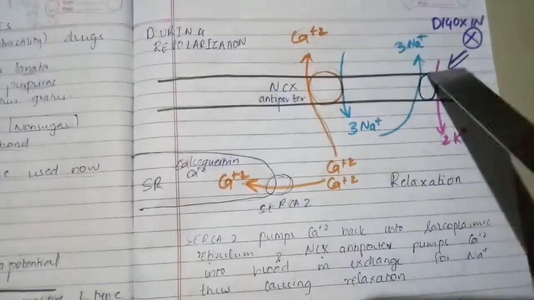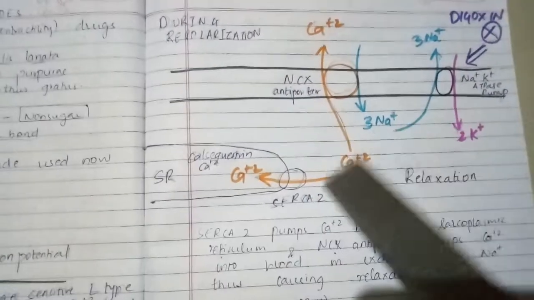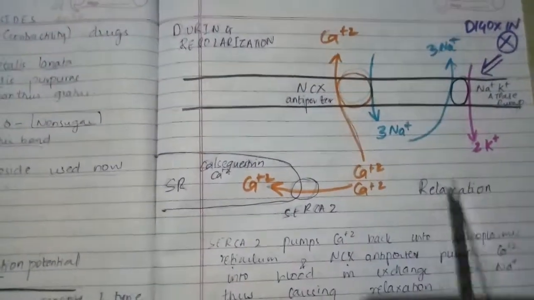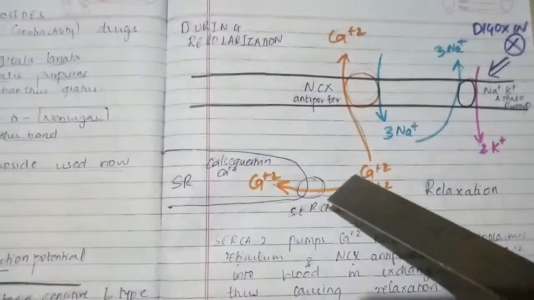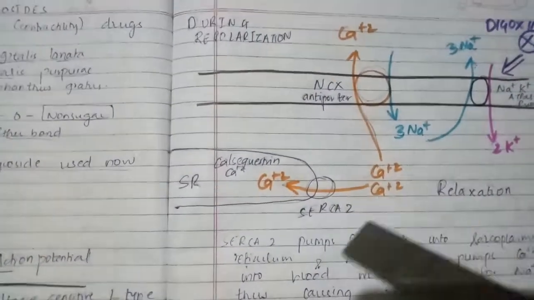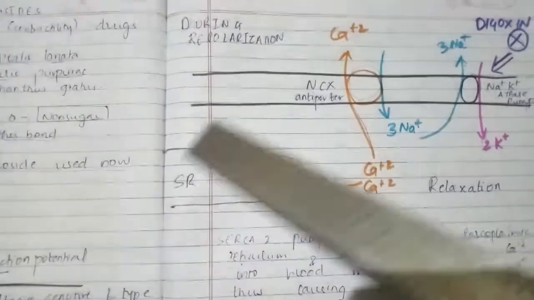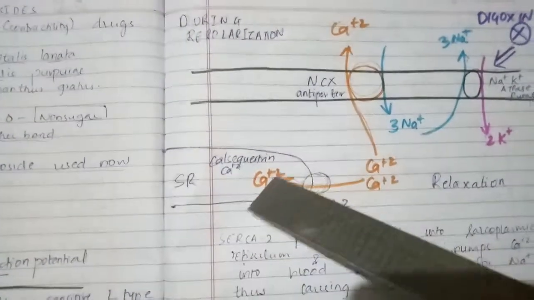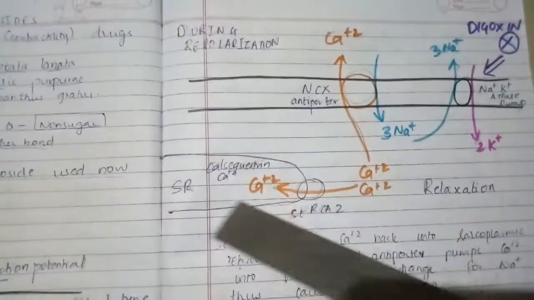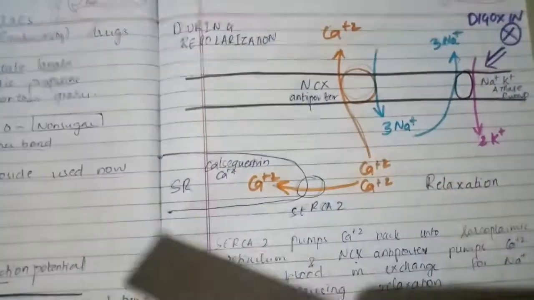Ultimately, calcium accumulates in the cell. Slowly the cell pumps the calcium into the sarcoplasmic reticulum, so after every cycle, larger and larger amounts of calcium accumulate inside the cell.